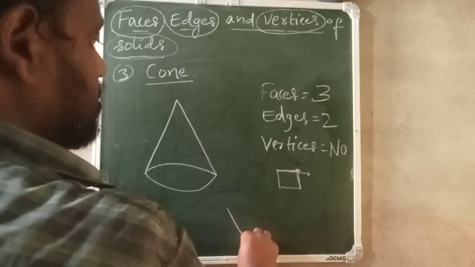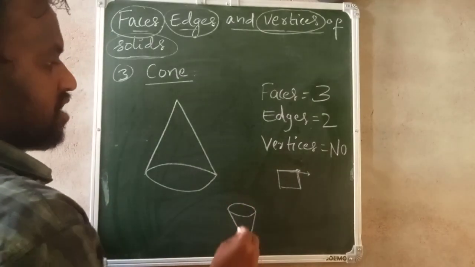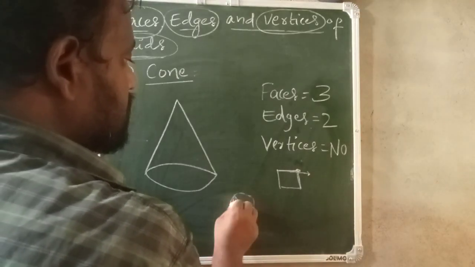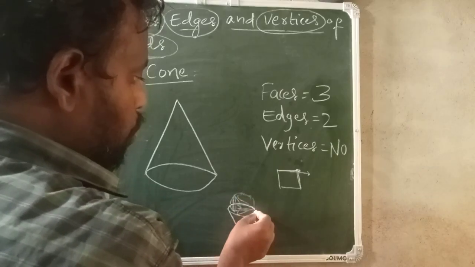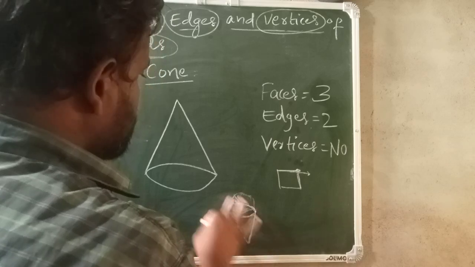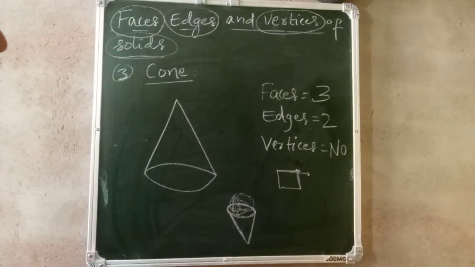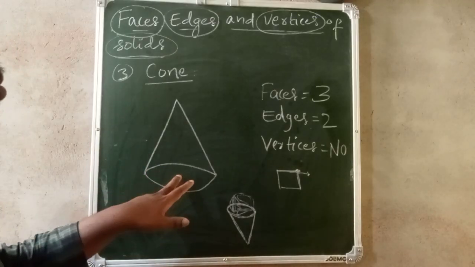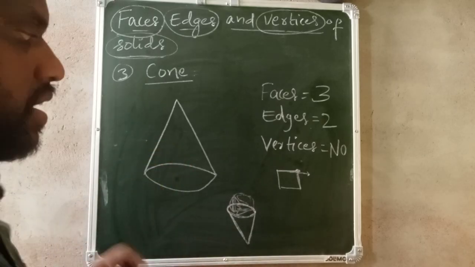Ice cream will be like this, and here the ice cream will be on the top. On the top they will keep ice cream, but the holder looks like a cone. See here. So that is the real life example of a cone. Just assume it is like an ice cream.